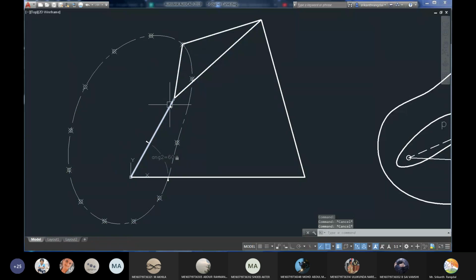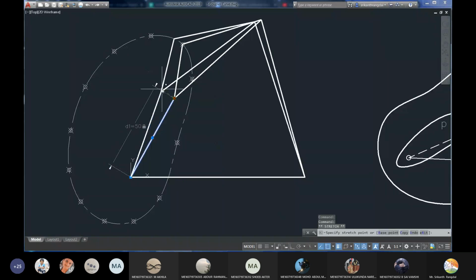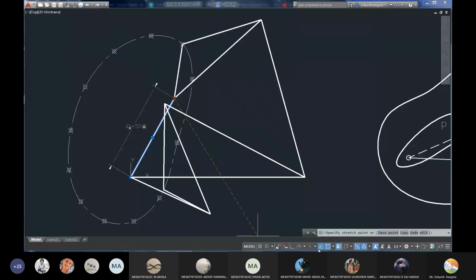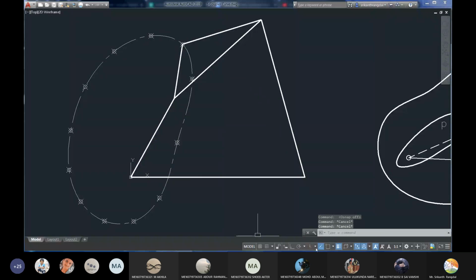And now I'll remove this constraint, and let us see by moving this. Let me remove all these things.